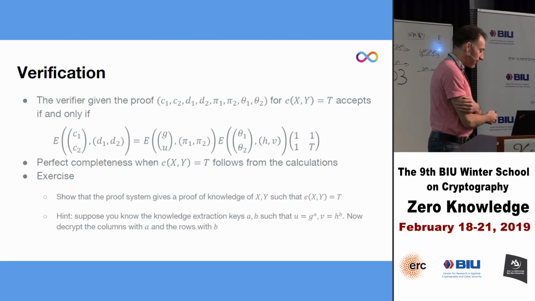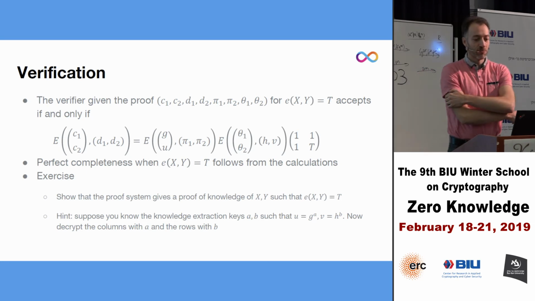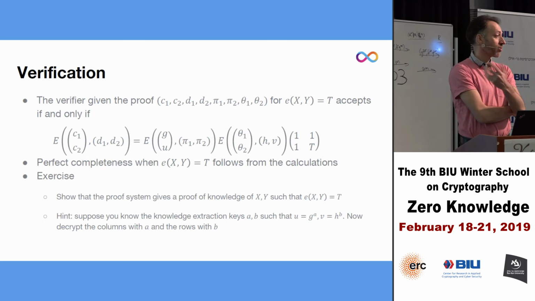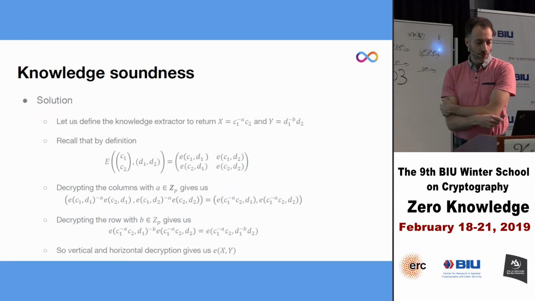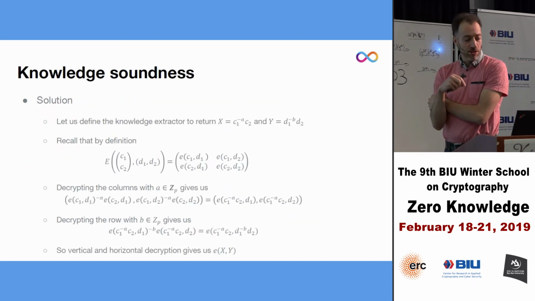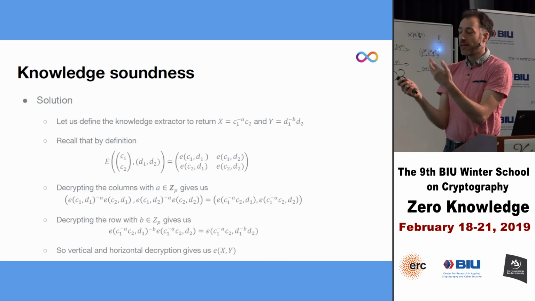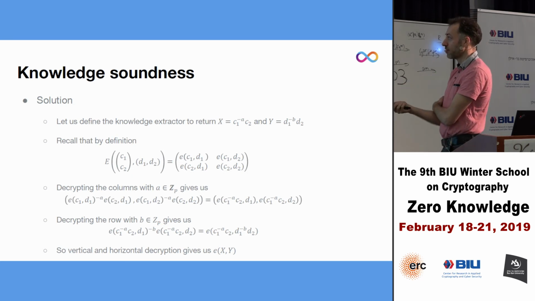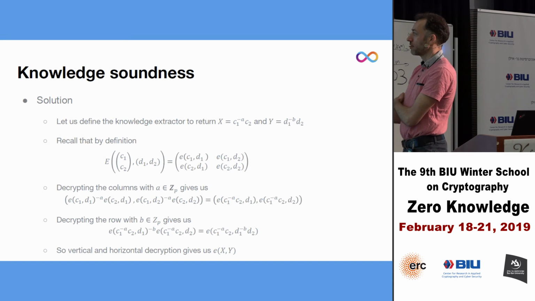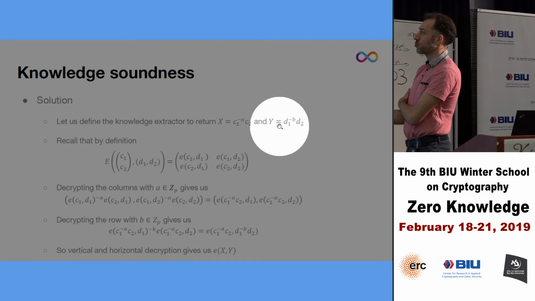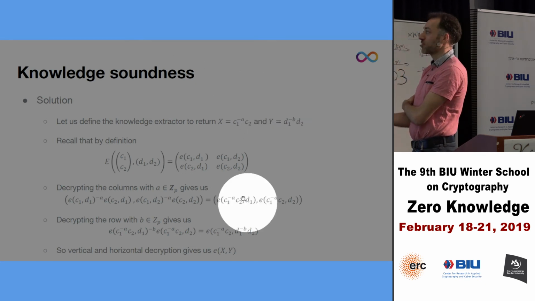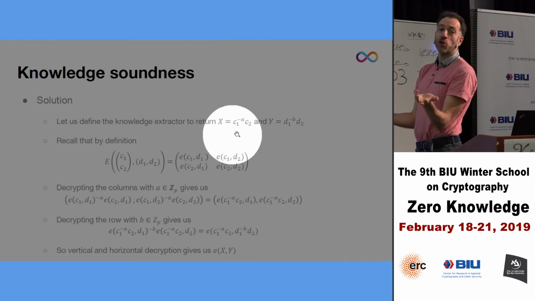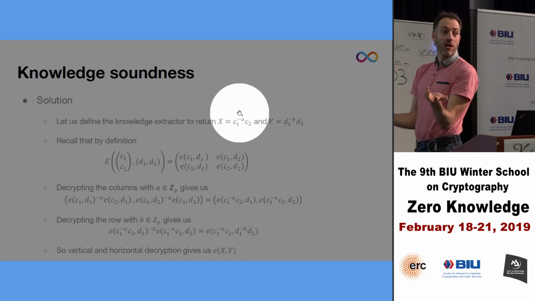Okay, so now let's look at how we actually get perfect soundness and a perfect proof of knowledge out of this construction here. We'll define a knowledge extractor that, given A and B, returns the decryption of ciphertext 1 and calls that X, and returns the decryption of ciphertext 2 and calls that Y. At this point, it's just some X and Y, but we don't know whether they satisfy the equations or not.